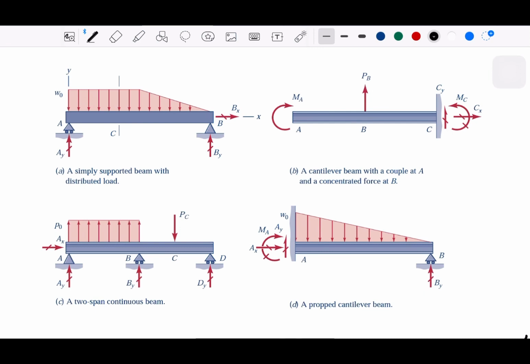And then we are going to see a cantilever, having some couples here for a moment, and then a concentrated force at B. And here, because it's stuck to the wall, we can have all three internal forces. And then we can also see the continuous beam and so on and so forth.